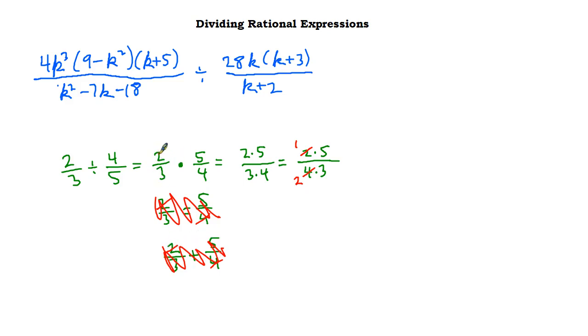If we do the canceling when we have the 2/3 times the 5/4, we do not change the value of the multiplication problem. In other words, 2/3 times 5/4, if you do it in a calculator, is exactly the same as 1/3 times 5/2. You get the same value. That's why the canceling works with the multiply, and that's why it doesn't work with the equal or the plus sign. All right, let's continue.